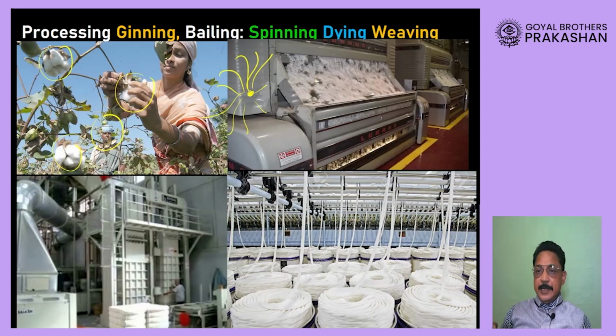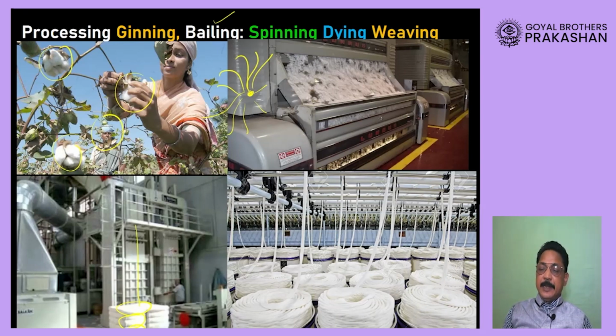Now in this ginning process, the seeds are separated from cotton fiber. The next process is called baling. You can see here, baling is a process in which the cotton fiber will be pressed with the help of a machine, and the sheets will be formed.